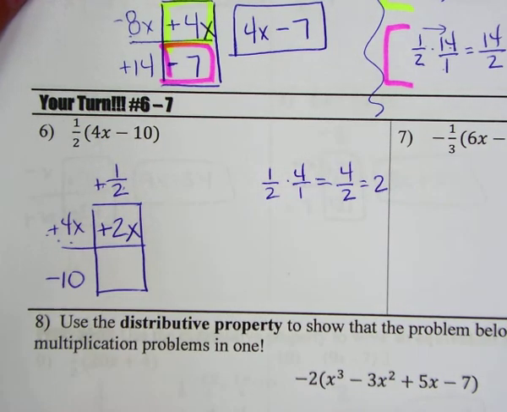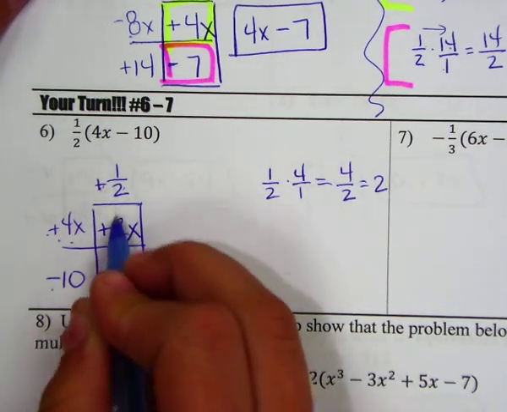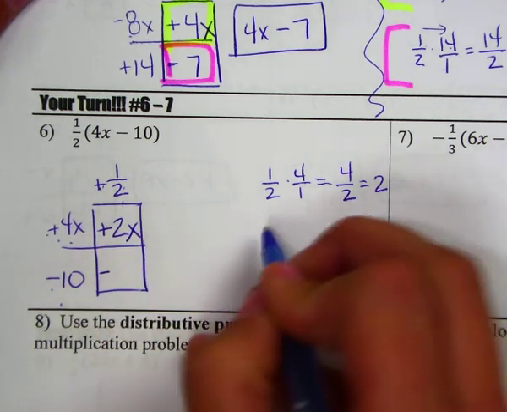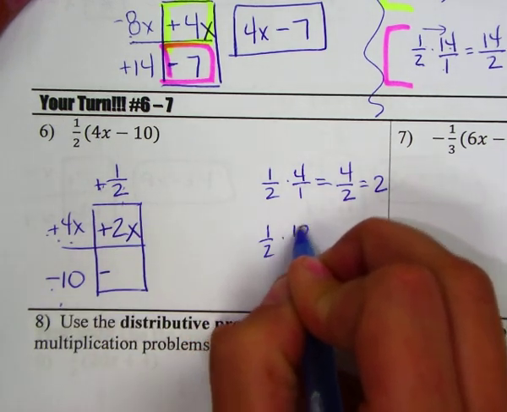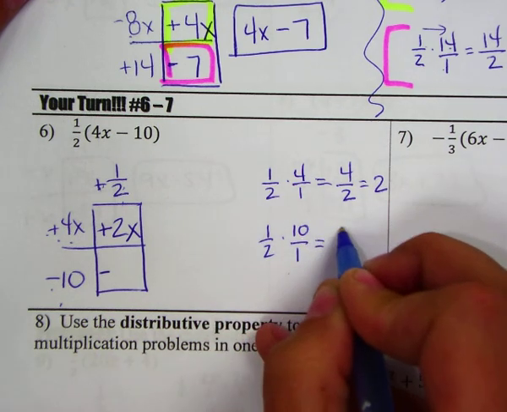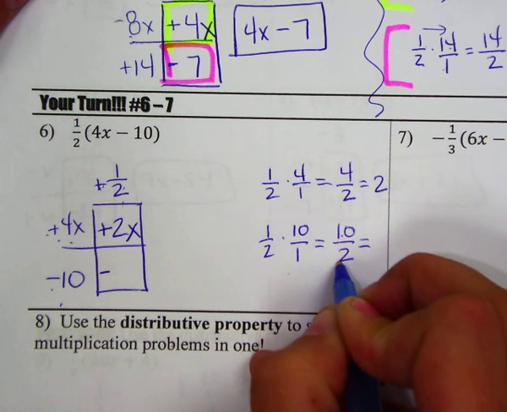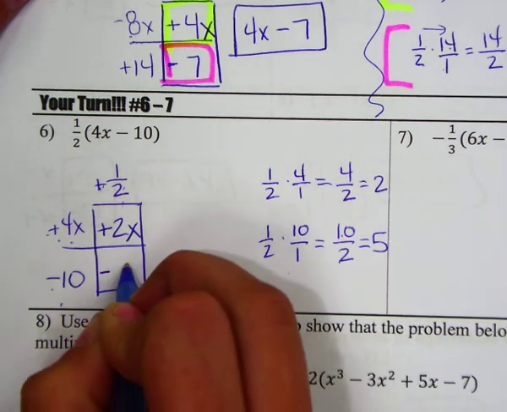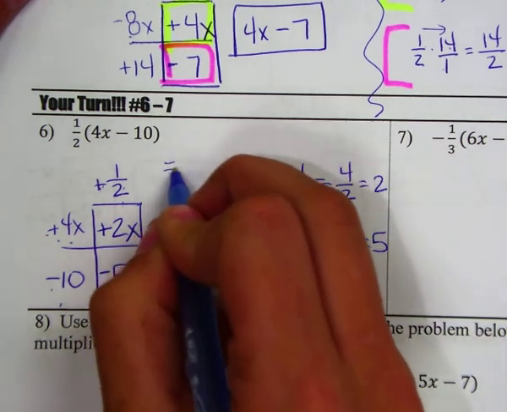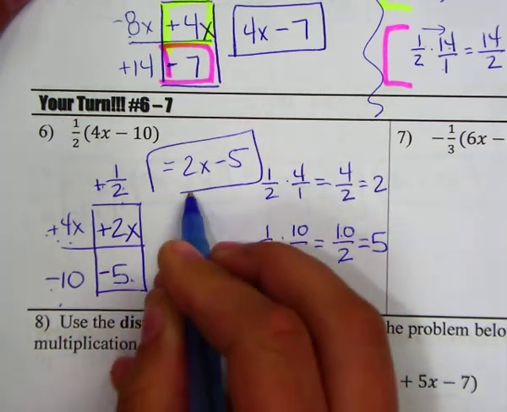Tack on that x. Positive times a negative is a negative. 1/2 times 10. I'm going to put 10 over 1, multiply straight across. 10 divided by 2 is 5. So our answer is 2x minus 5. Just take whatever's there and rewrite it.